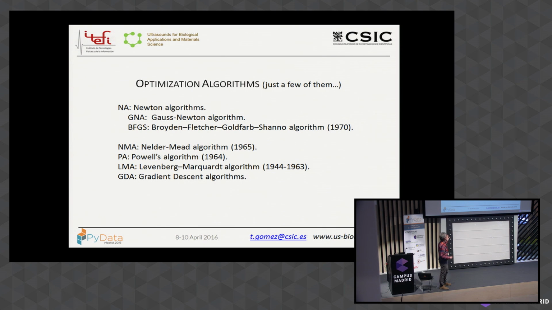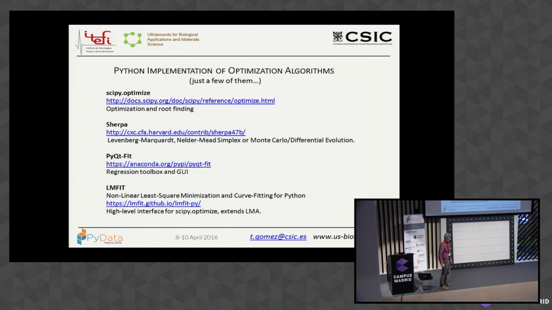Most of them were developed in the 60s, and some more recently, but there are a lot of different algorithms. There are also a lot of Python implemented algorithms for that. You have some of them in SciPy or SharPy or PyQt or LMFit. They are already developed, they are there, and you can use them.